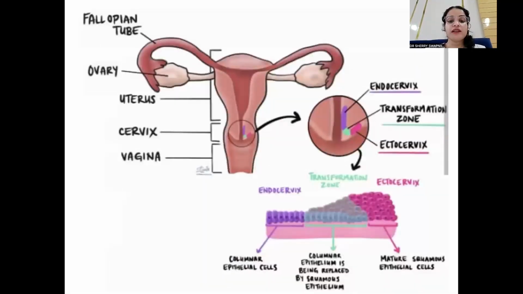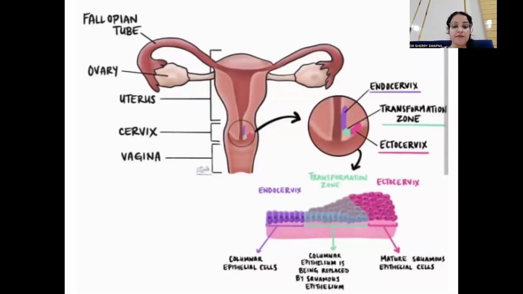Before studying the Pap smear and looking at its cells, we should know the basic anatomy of the female reproductive system and from where we are taking the sample. As you can see, this is the cervical region, this is the exposed part, the ectocervix, this is the endocervix, and this is the transformation zone.